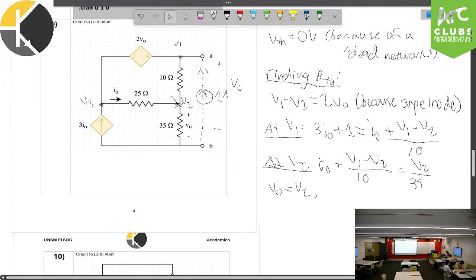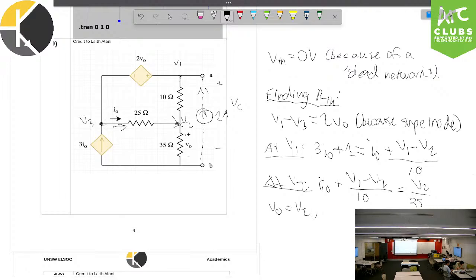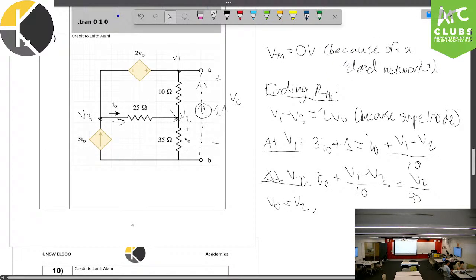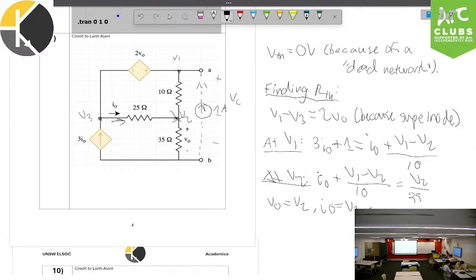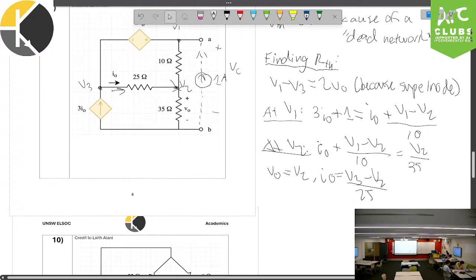And we also know that IO, which is coming right through there, is equal to V3 minus V2 on 25.